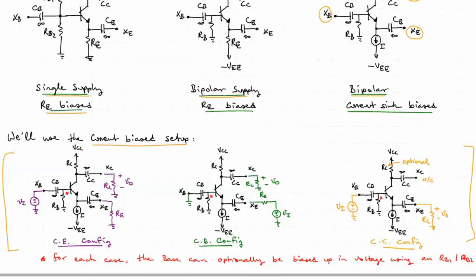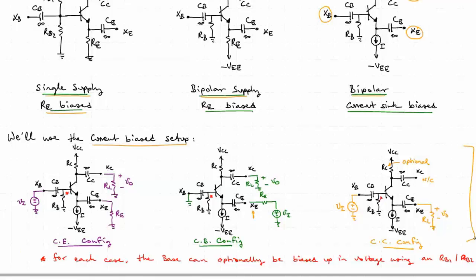For the common base configuration, which is in the center here, the input is actually the emitter and the output remains the collector. So now we ground the terminal XB and we connect our source input to the terminal XE right here. Now you notice we add in a resistor RE in series, and we'll consider that shortly when we analyze this circuit.